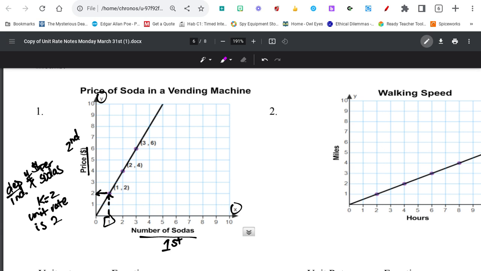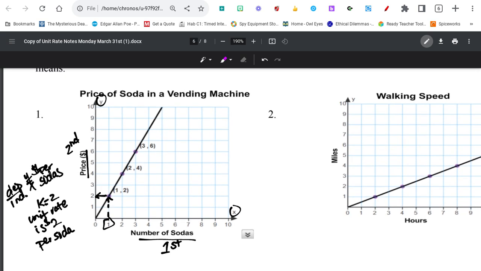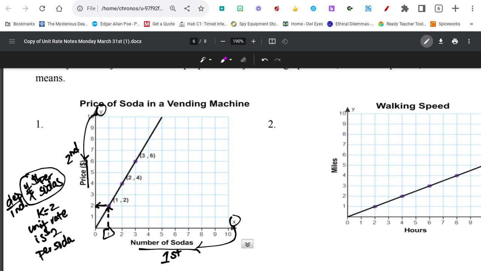You can put per between it. So it's basically that unit rate means it's $2 per soda, guys. Always y over x, and on the y is price, and on the x axis is sodas. So it's price per soda. So that's going to be $2 per soda.